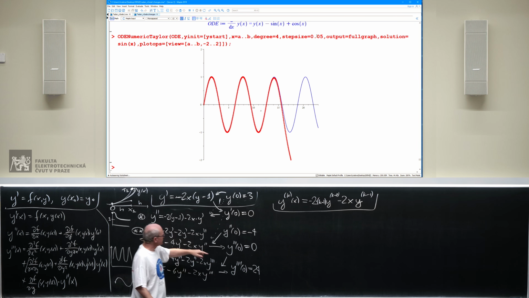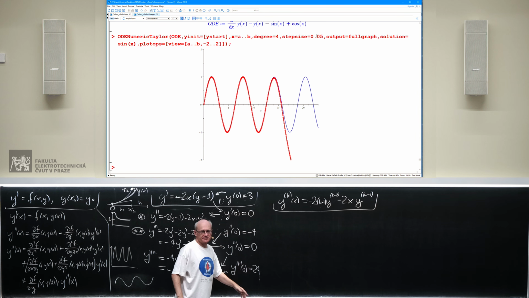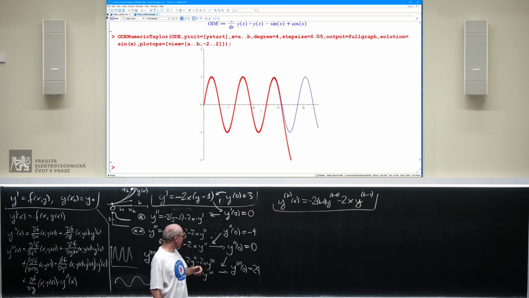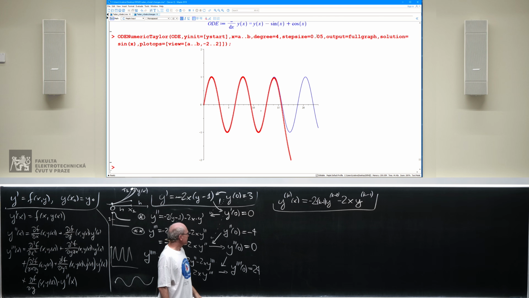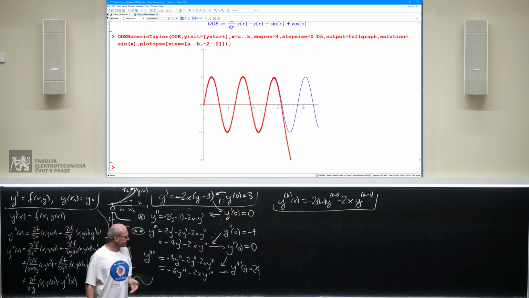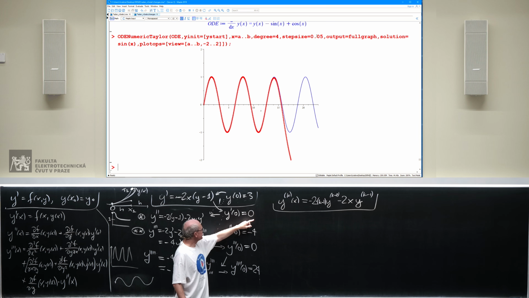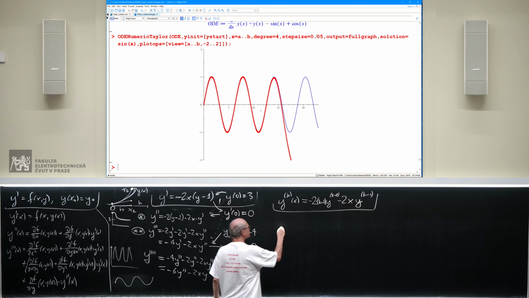But what's more important, we need those coefficients. And this is where it gets, let's say, tricky. Because when you look at these numbers, 3, 4, 24, it's not quite clear what's happening there. Okay. The odd derivatives, they are all zeros, and actually if you try to do a few more derivatives, you will see that this is true.